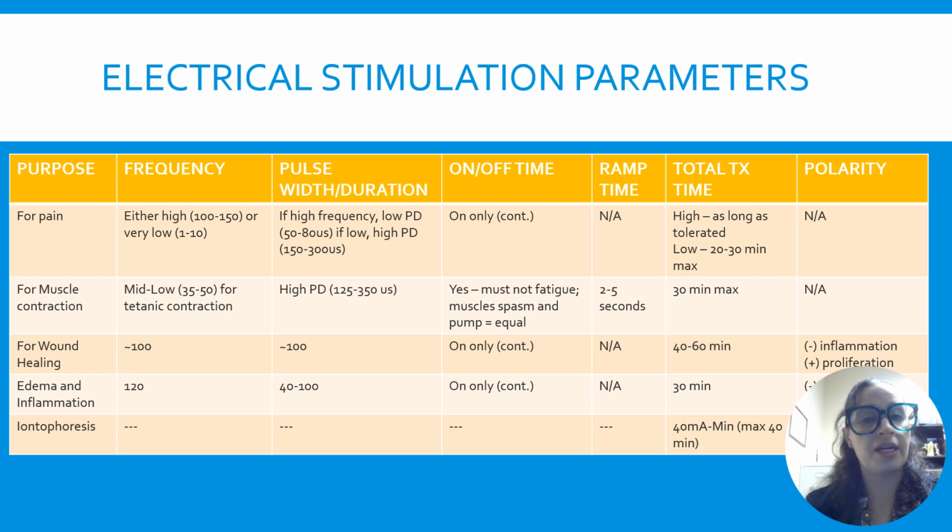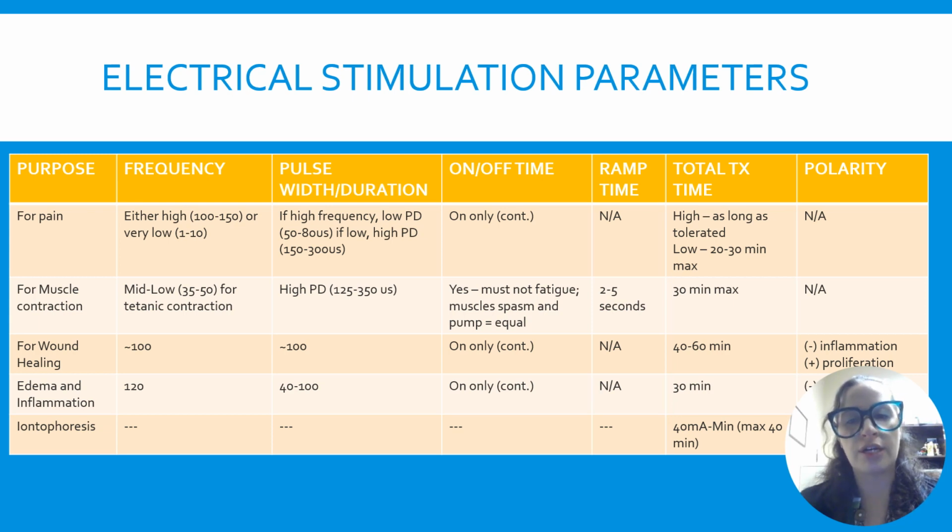Again, know that for pain, you don't really have an on-off time. It's continuous. You don't really have a ramp time. And your total treatment time when you're using high rate frequency is as long as tolerated, but when you're using low rate frequency, it does have a limit because even though it doesn't cause a strong muscle contraction, that twitching can get fatiguing as well.